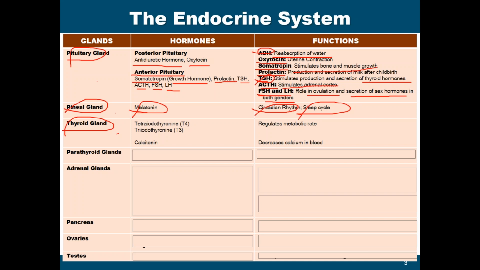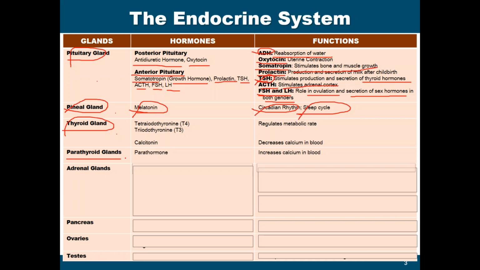Calcitonin is a hormone that's being released by the thyroid gland to decrease the calcium level in the blood. The parathyroid glands, which are found adjacent to the thyroid glands, secrete the hormone called parathormone. And parathormone increases the calcium in the blood. So this is very important to remember: the antagonistic actions or effects of both of these hormones, the calcitonin and parathormone.